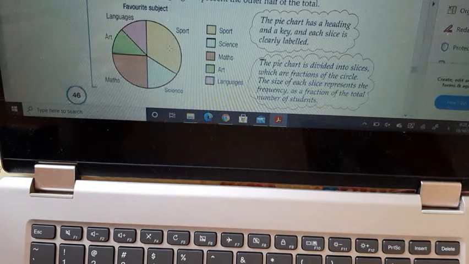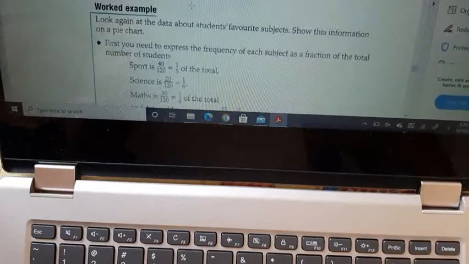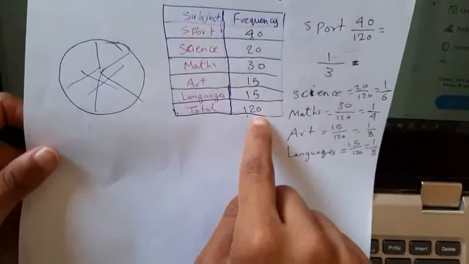So now we can also observe that sport and science represent half of the pie chart, which means half of the number of students. So how many students was the survey conducted to? If you look at the frequency table, we had 120 students, right?